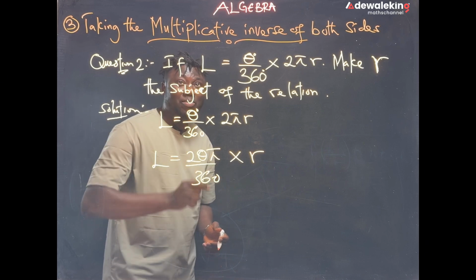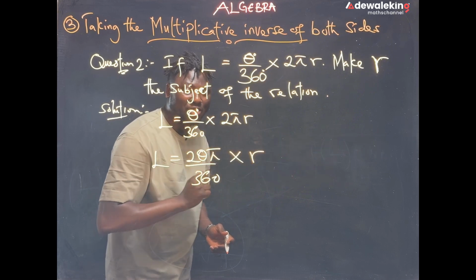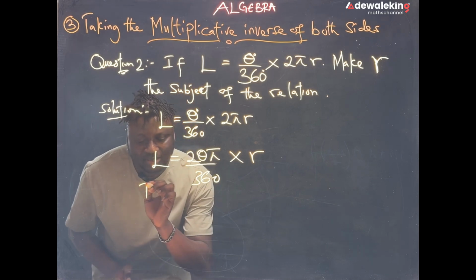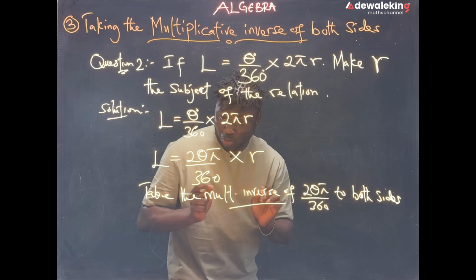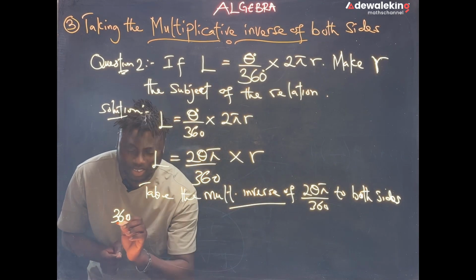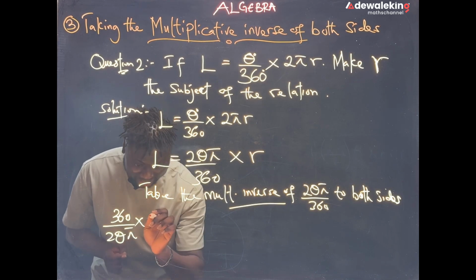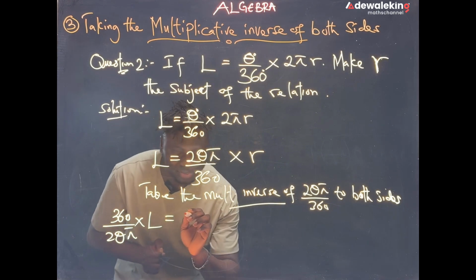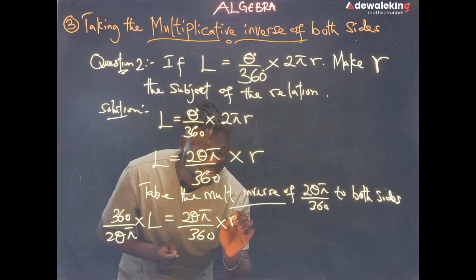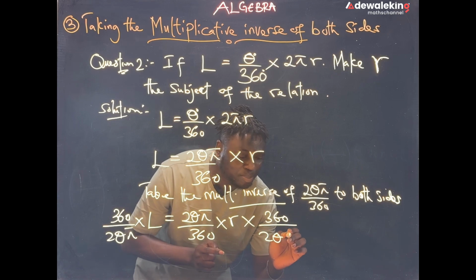So we can now say, take the multiplicative inverse of both sides to make r the subject of the relation. So we say, we underline. So we say 360, that is the inverse of this, over 2 theta pi times L is equal to 2 theta pi over 360 times r times 360 over 2 theta pi.